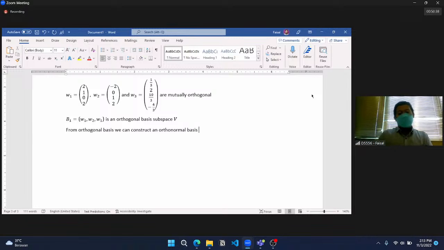So how do we get an orthonormal basis? Oh, okay. The process only normalizes its vectors. So we normalize each vector in the basis.